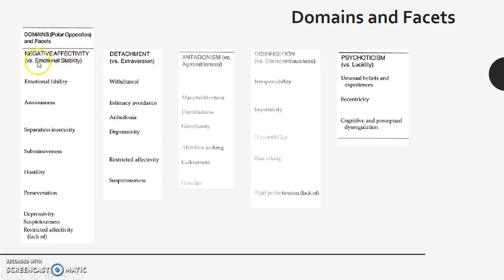The healthy traits are here, so versus emotional stability, all right? So the pathological domain is negative affectivity versus the healthy trait domain, which would be emotional stability. And the same with detachment versus extraversion, antagonism versus agreeableness, disinhibition versus conscientiousness, and psychoticism versus lucidity. Okay, so you must have reviewed these before.